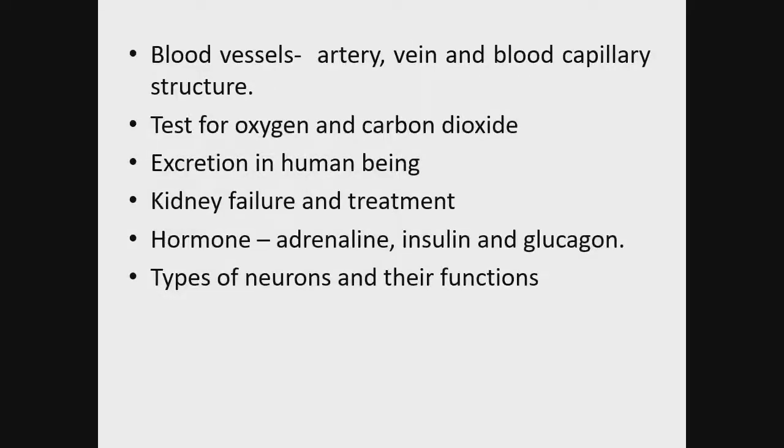Good. Looking at excretion, you need to pay attention to the kidney in terms of the parts of the kidney, the outer part of the kidney, and also the blood vessels that are associated with the kidney. For example, from the heart, we have the aorta, then the renal artery.